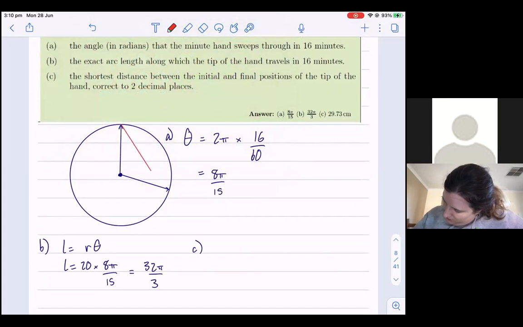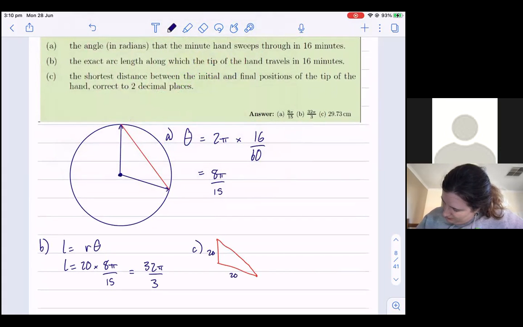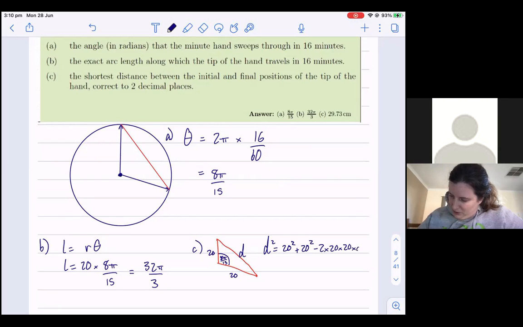So we want this one. So now it's a non-right angled triangle. We've got 20, 20, 8 pi on 15, and we want this distance. So we're going to have to use the cosine rule. So we're going to have d squared equals 20 squared plus 20 squared take 2 times 20 times 20 times cos 8 pi on 15.